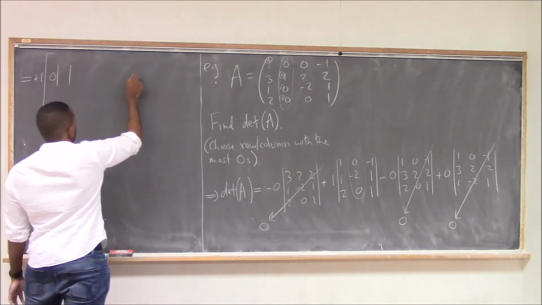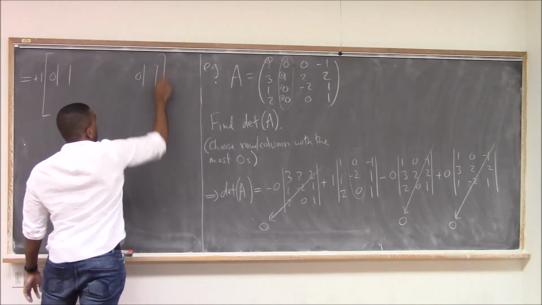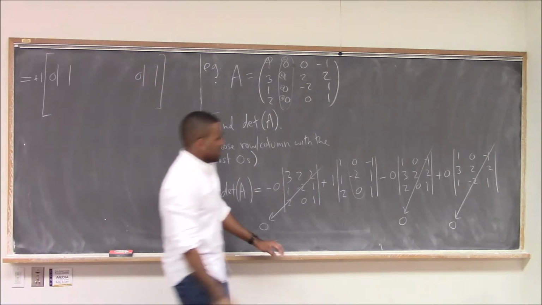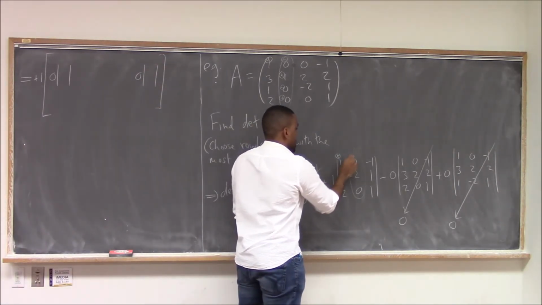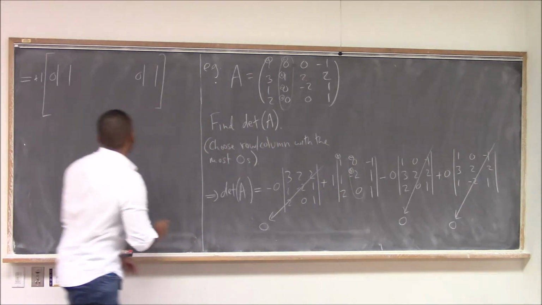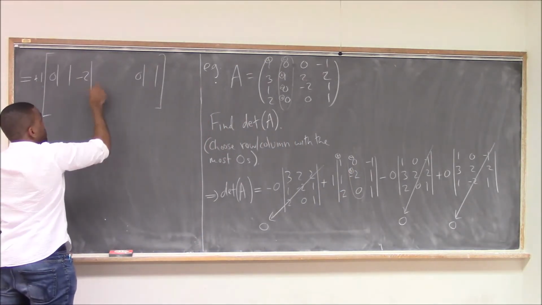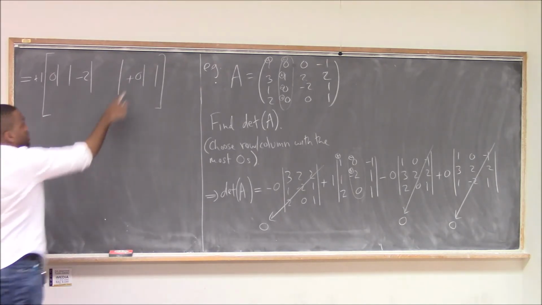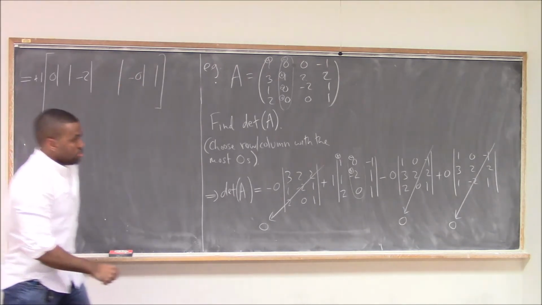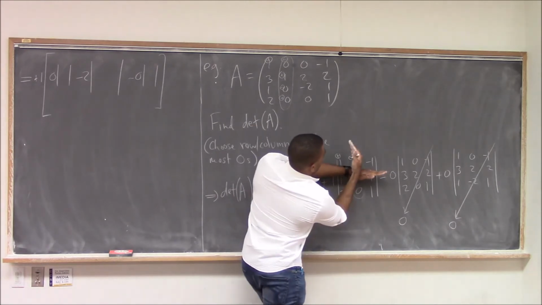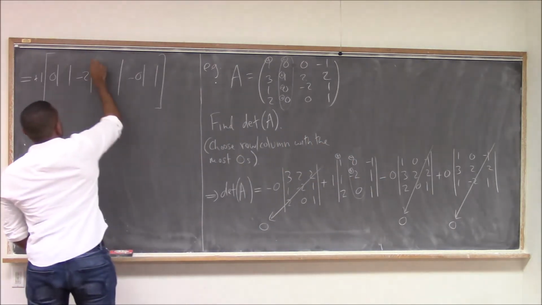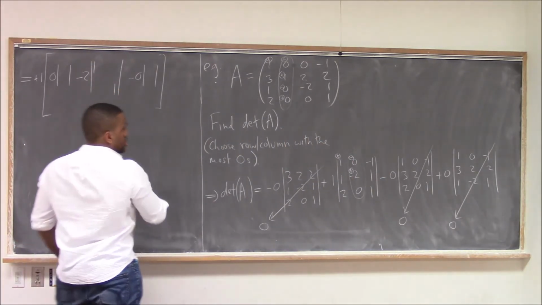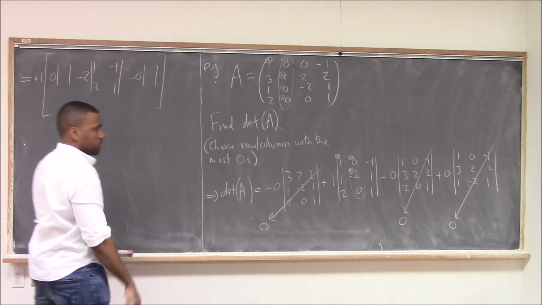And it's going to end with 0 times blah, I don't really care. But the middle one, this will be a plus, minus, plus. So the middle is going to be minus 2 times, technically this would be minus 0. Block out everyone in that row and that column. We're going to have 1, 1, 2, minus 1.